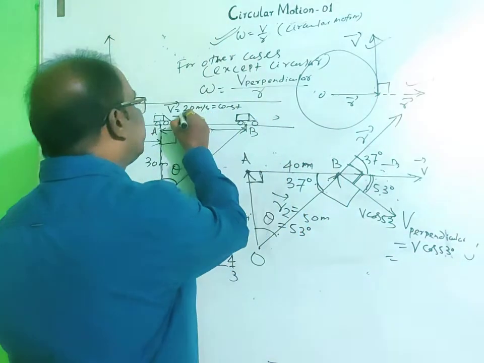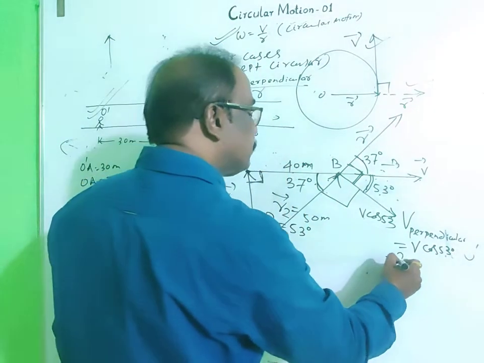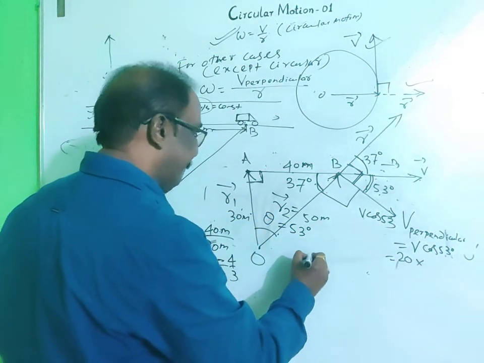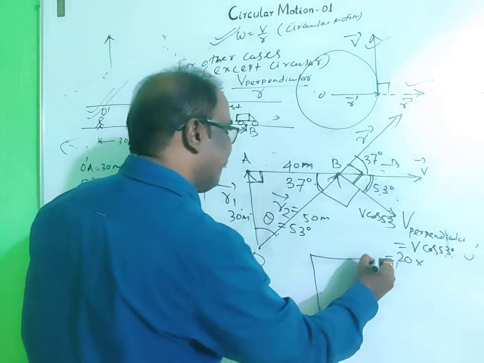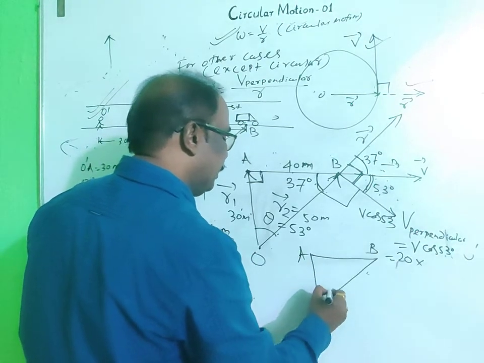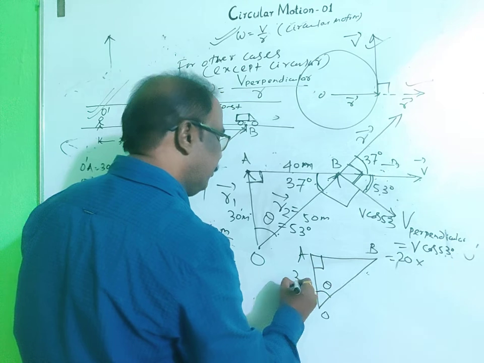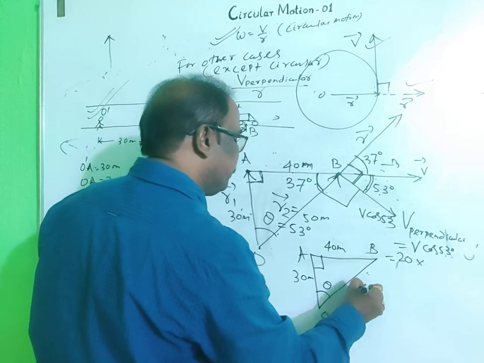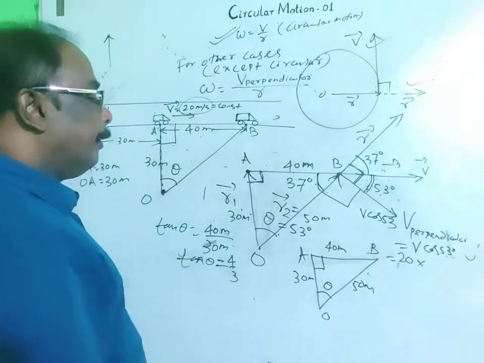V is 20 meter per second. This is constant, into cos 53. Just make a triangle O, A, B. This angle is theta, this angle is 90. This is 30 meter, this is 40 meter, and this is 50 meter. Is it clear?